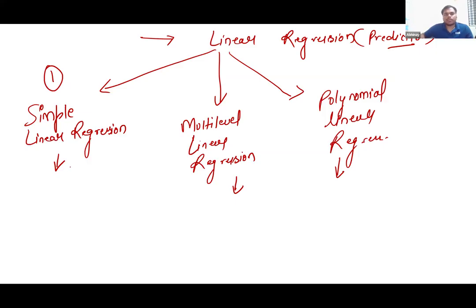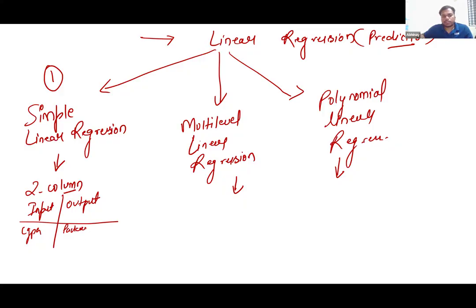Suppose you have only two columns in your data set: one is your input column and the other is your output column. Maybe your input column is CGPA and your output column is package.